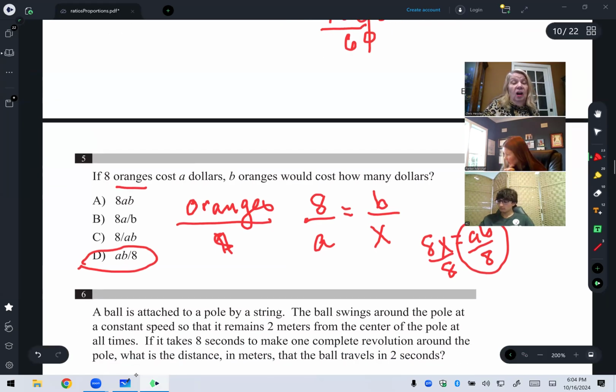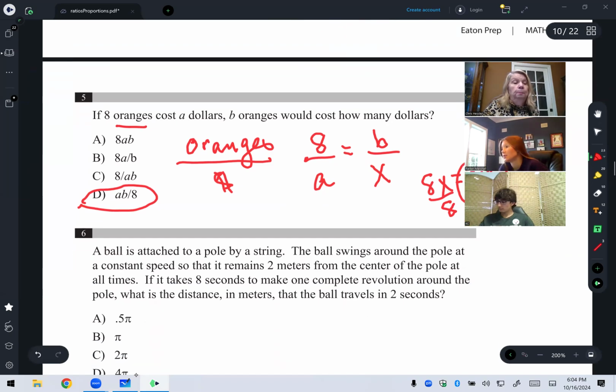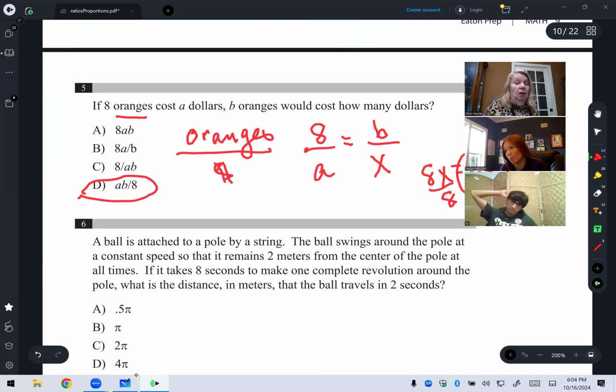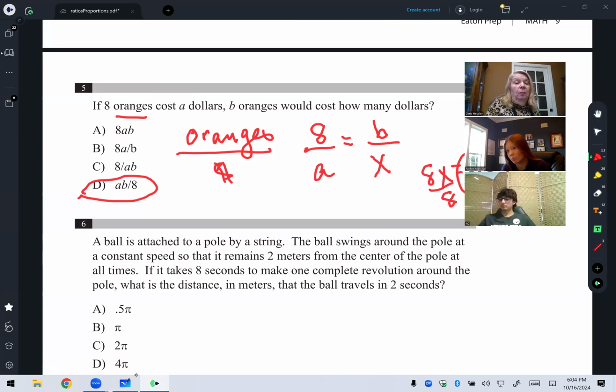Okay, this one is a little harder because it has some geometry. I don't know if you'll get one this hard. So we have a pole with a ball attached to it. And so it's going to swing around the pole. This is going to be our radius. Because it's 2 meters, so our radius is 2.